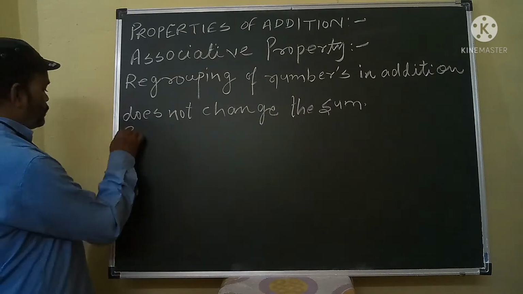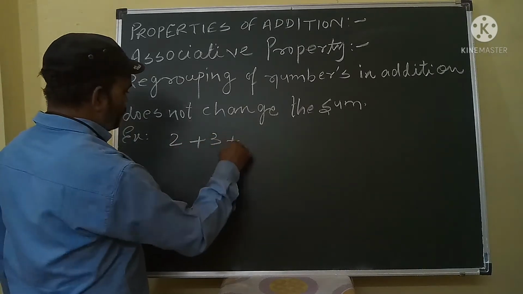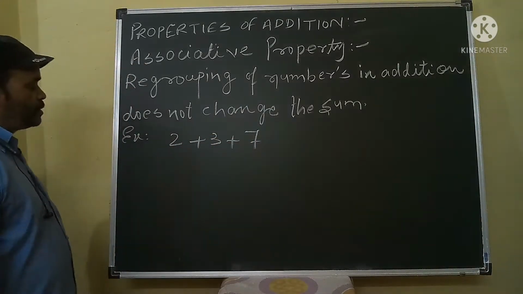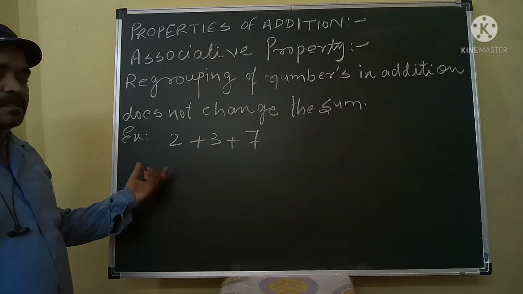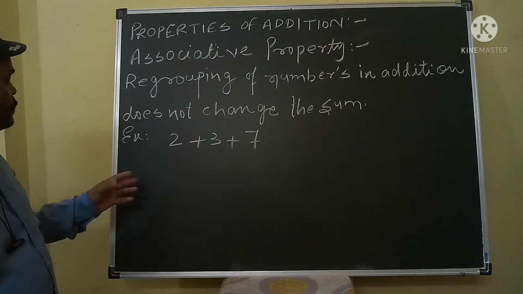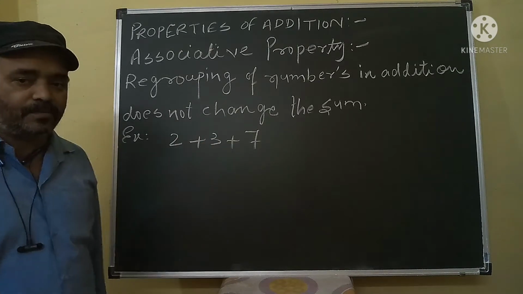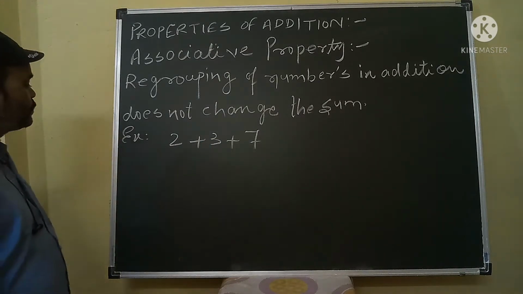For example, suppose this is 2 plus 3 plus 7. What is the sum of these three natural numbers? So what will you do?